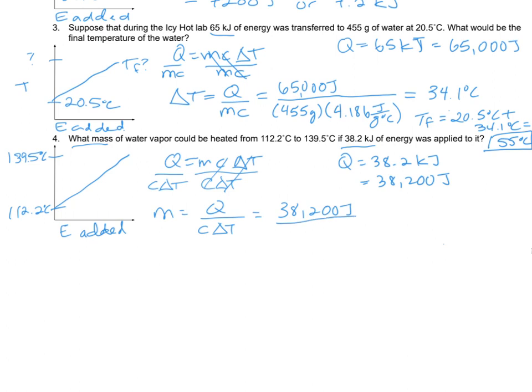The specific heat, this is water vapor. So if you look up at the top of the page, you'll see the specific heat of water vapor is 1.996 joules per gram per degree Celsius. It's important to remember what type of water we're looking at. It's not always liquid water. And then we do the change in temperature, which is the final, 139.5 degrees Celsius minus 112.2 degrees Celsius.